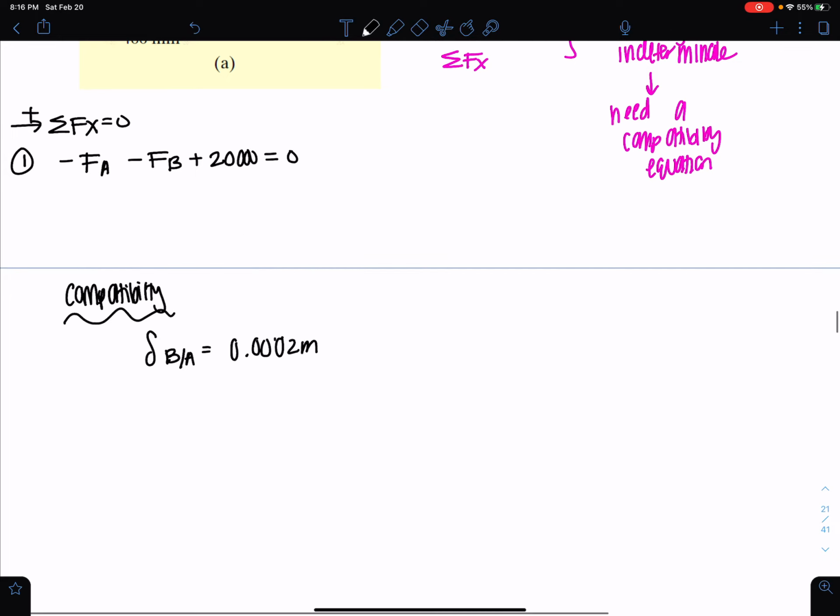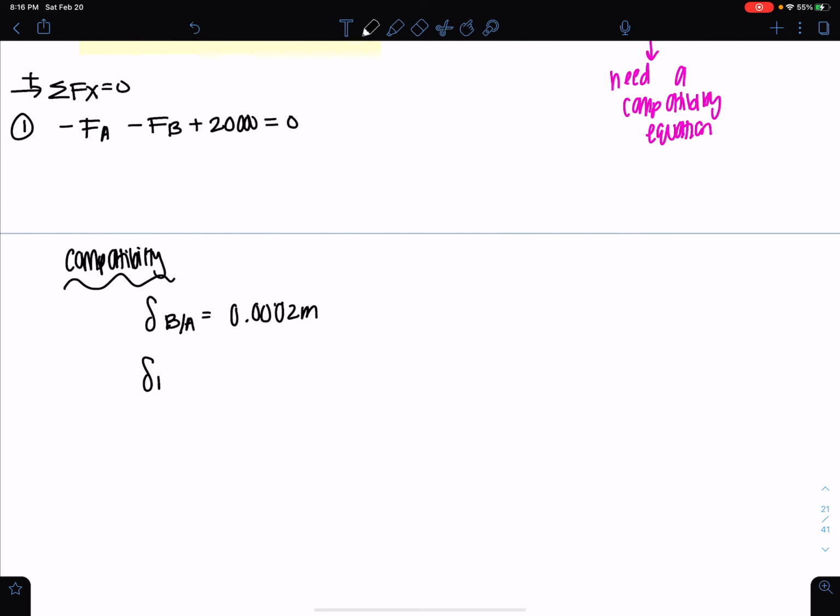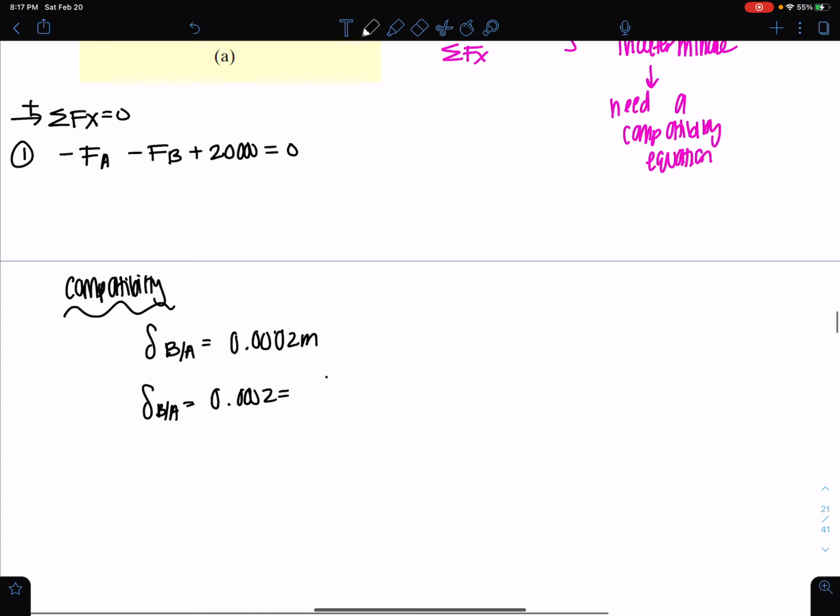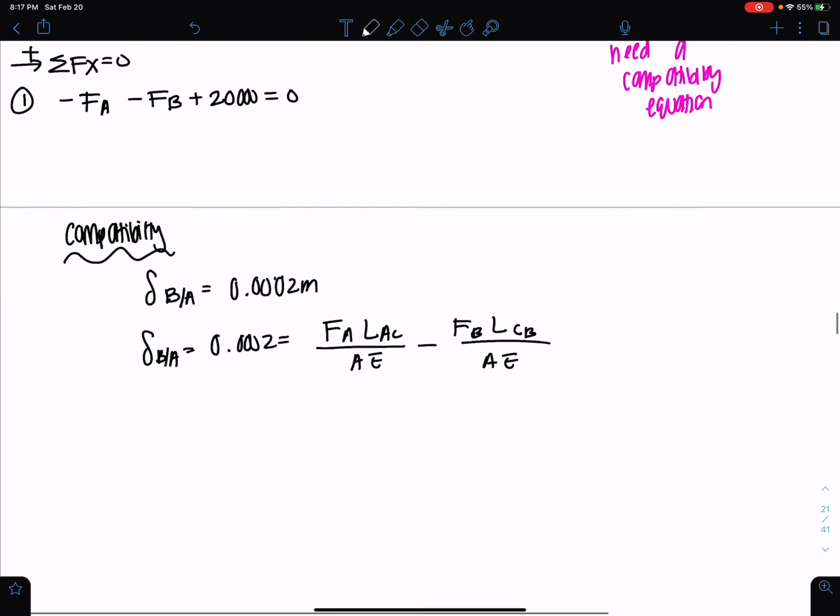So I can say that delta B with respect to A is 0.0002, which is equal to the difference: the force at A, LAC, divided by AE, minus the force at B, LCB, divided by AE. The difference between those two displacements has to be 0.0002 relative to A.